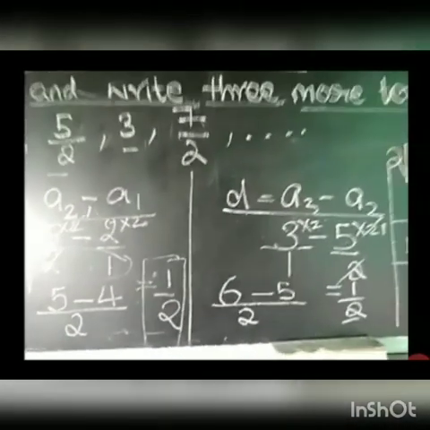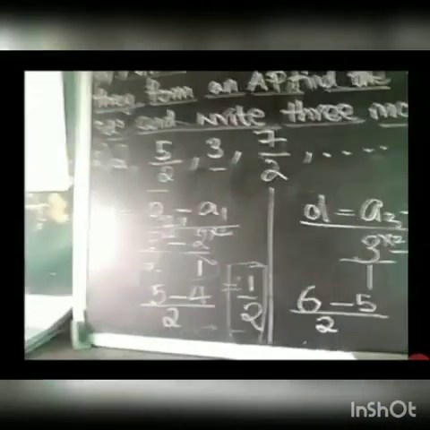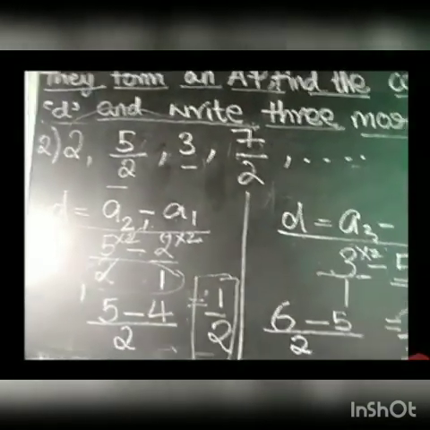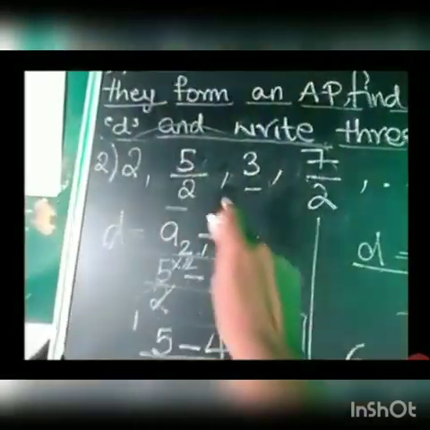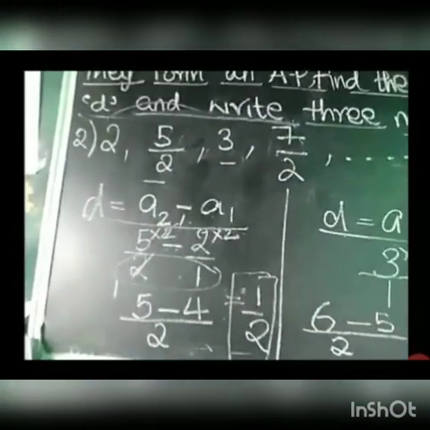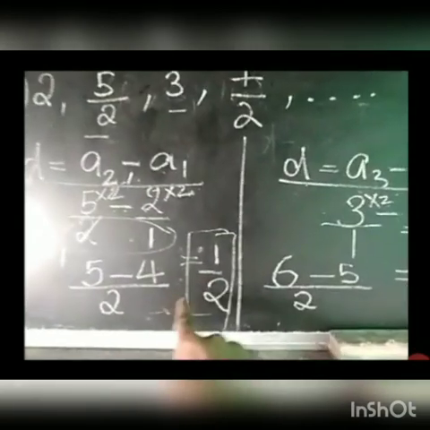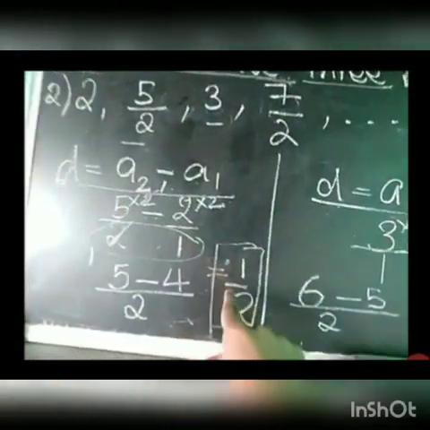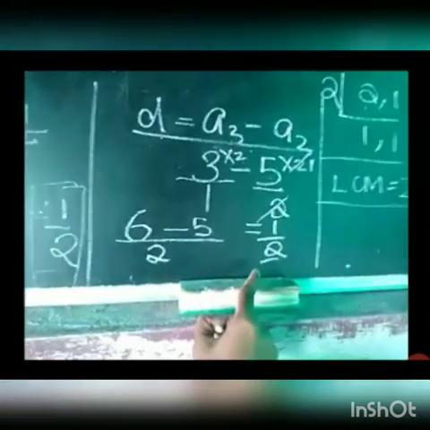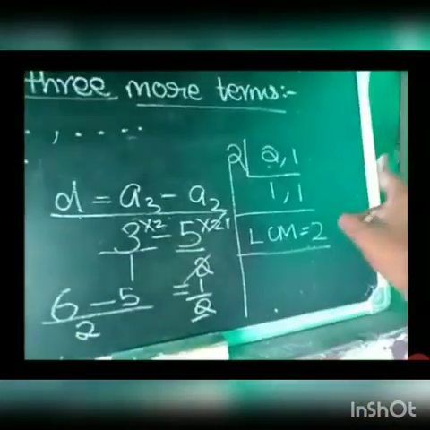Since common differences are same, you can say that this particular set 2, 5 by 2, 3 and 7 by 2 forms an AP. I hope you have understood. If the common differences are same, see in this case also we got 1 by 2. In this formula, A3 minus A2, also we are getting 1 by 2. If I take D equals A4 minus A3, also we will be getting 1 by 2 only.